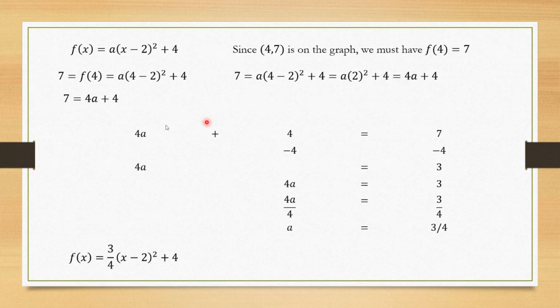Here I'm just solving for A, so I put the unknown on the left-hand side. That's really what you're supposed to do. I'm not going to take off points if you don't do that, but we have 4A plus 4 is 7. So we subtract 4 from each side. We get 4A equals 3. And then we just divide by 4. So we get A is 3 over 4, and this is what we get.